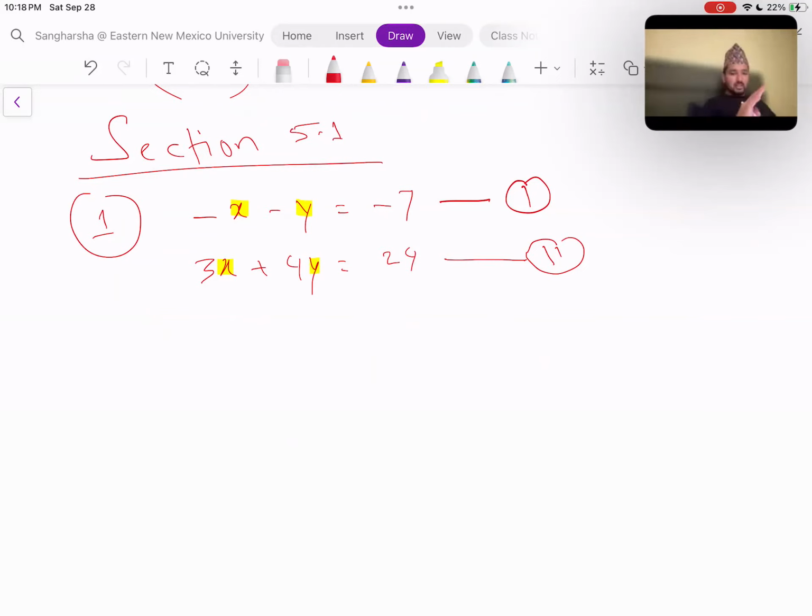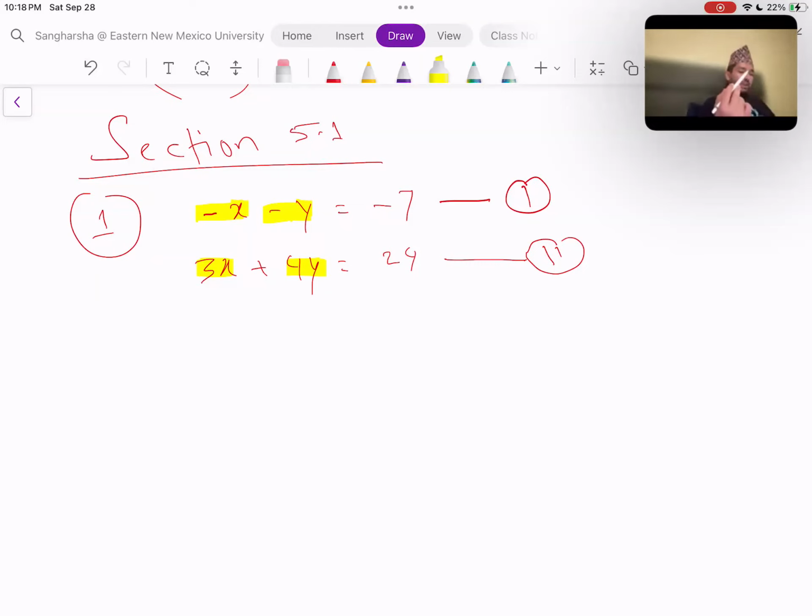Adding means you are adding negative x and positive 3x, so we have positive 2x. And adding negative y and positive 4y, we have positive 3y. So we still have x and y. That's not what we want. We want to eliminate one variable.